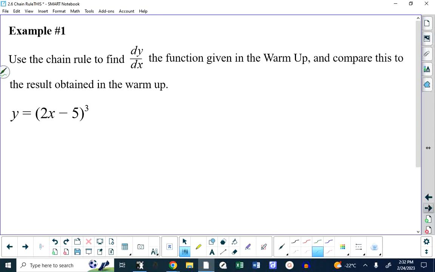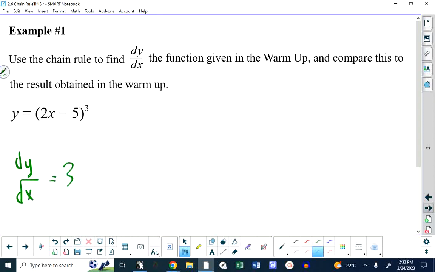Would you agree that the big picture is y is a power? Y is a base raised to an exponent. Yeah? That's the big picture. Forget about what the base is. Y, first and foremost, is a base to an exponent, which is what we call a power, which means you use the power rule.